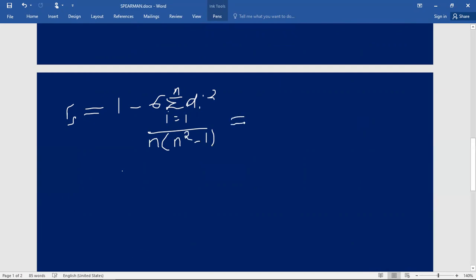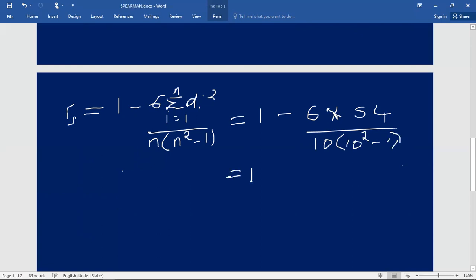And so this is going to be equal to 1 minus 6 times, so summation of distances squared is 54. Then we divide this by n. So these were 10, in case you didn't know. So we have 10, open bracket, 10 squared minus 1. Then this is going to be 1 minus 6 times 54, which is 324, divided by 10.